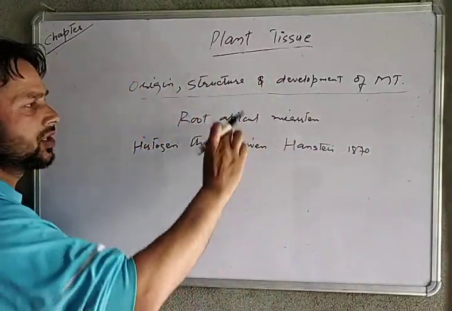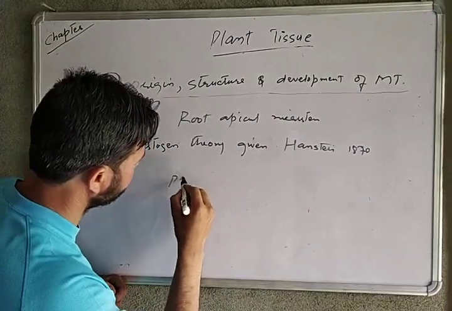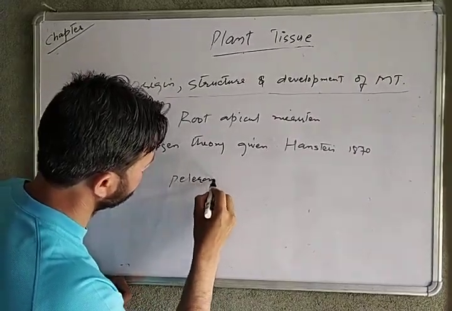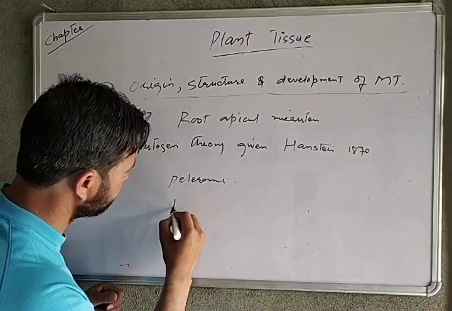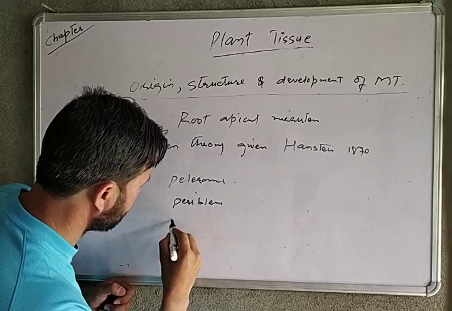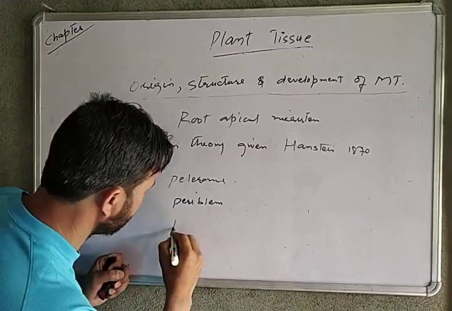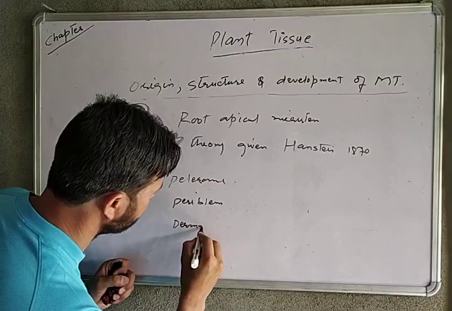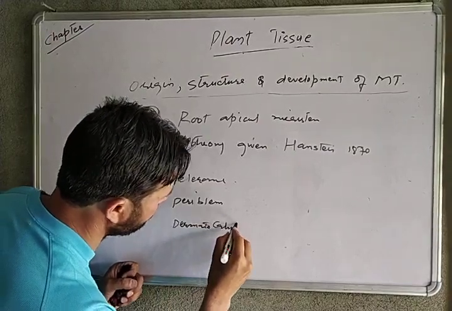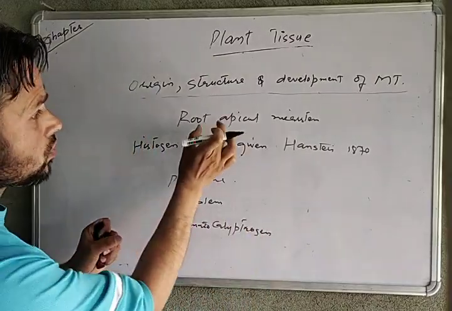He again says this root has plerome, periblem, and dermatocalyptrogen. This is the root epidermal system.